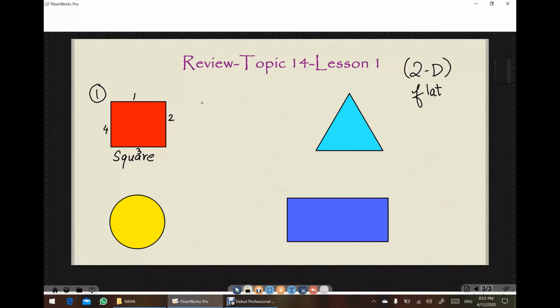A square has 4 sides. And we learned that all the sides are equal. They are of same length. Now, how many vertices? How many corners? 1, 2, 3, 4. 4 vertices.